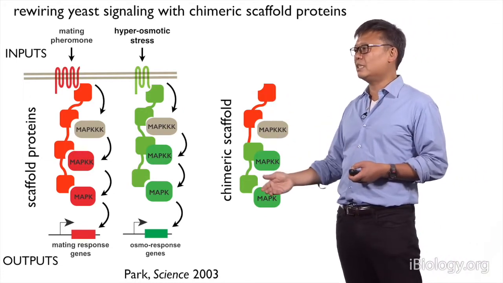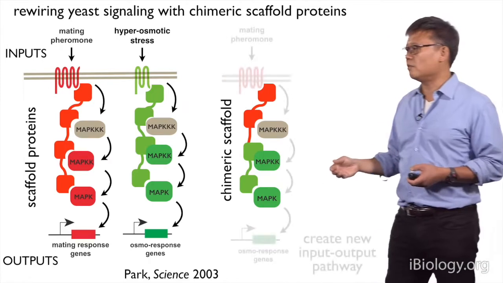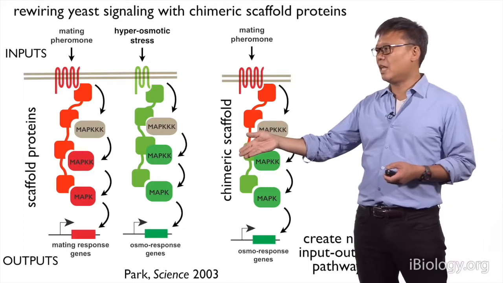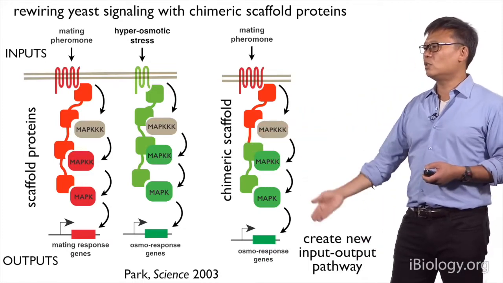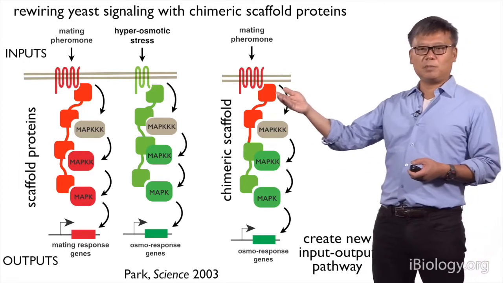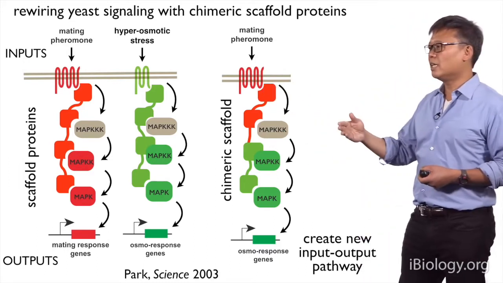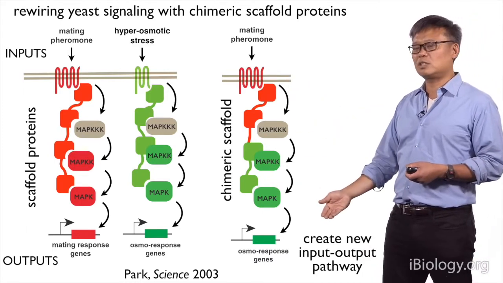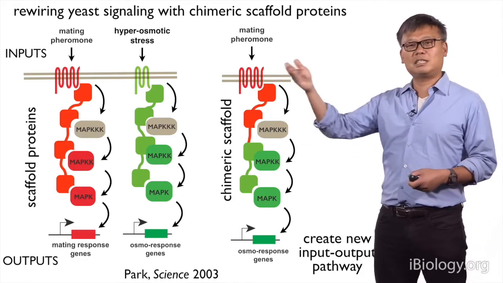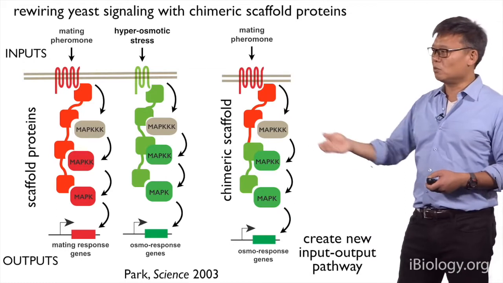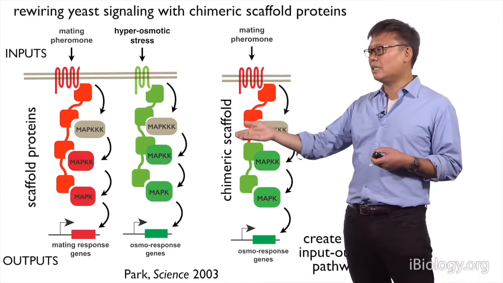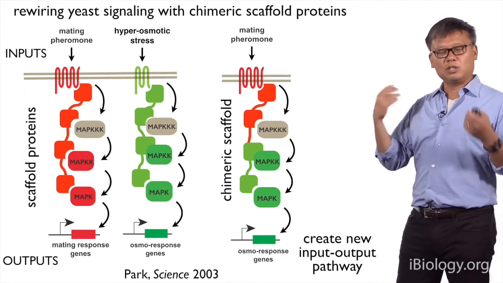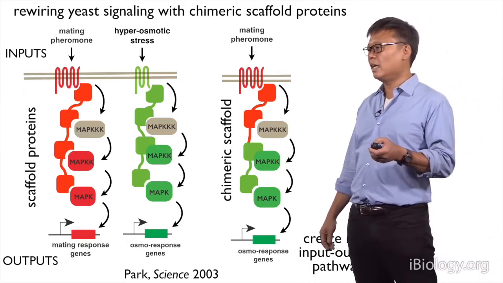And what he found is that when he made the right combination of components, he was able to make a scaffold that would, when put into a living cell, cause the cell to induce the osmolarity response when the cell was stimulated by the mating pheromone. So we could actually create a new input-output pathway, really mimicking evolution. In this case, we had a pathway where the cells would only survive on high osmotic stress when we actually stimulated them with mating pheromones. So really supporting the idea that without changing the catalytic components and really only changing the factors that were assembling them, we could create new types of input-output wiring and behavior in the cell.